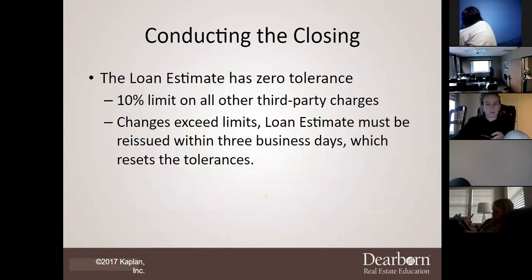The loan estimate has a 0 tolerance. They have a 10% limit on all third-party charges. If changes exceed limits, loan estimates must be reissued within 3 business days, which resets the tolerances.